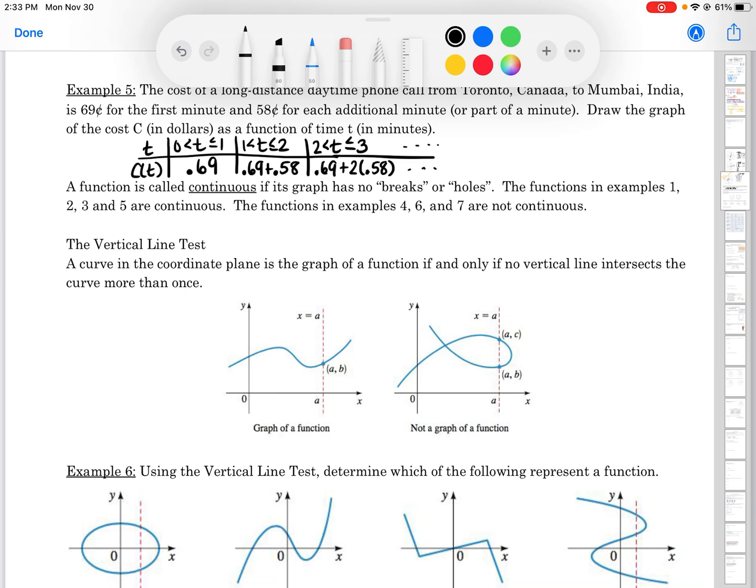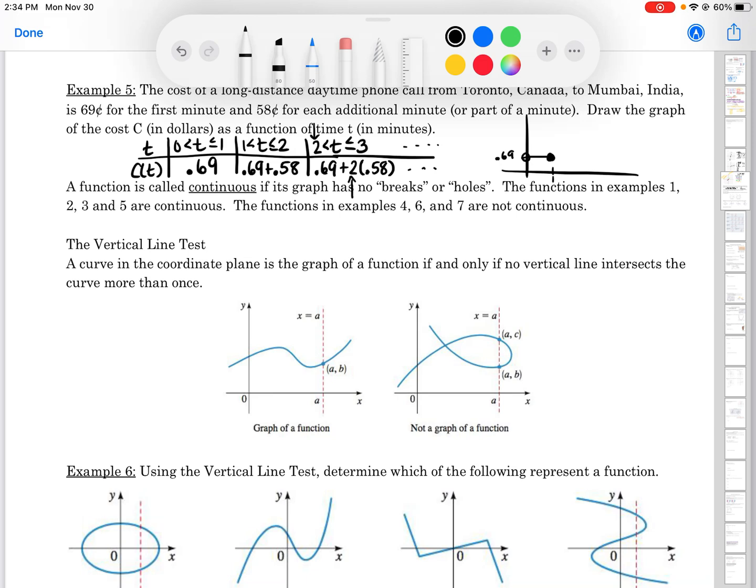So whatever the starting number is here is going to be the number I'm multiplying by here. And when I go to draw this step function, which we're not going to draw for negative values because you're not going to talk for negative minutes, you're going to be at 69 cents from 0 to 1. If it's 0, you won't actually spend any money because that's not picking up the phone. You'll be at 69 plus 58.